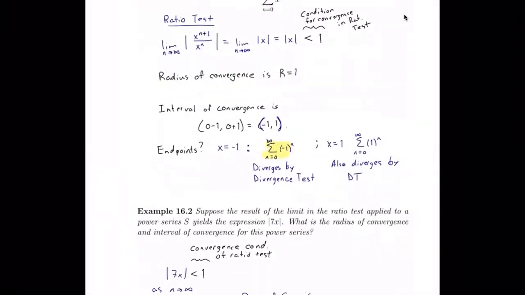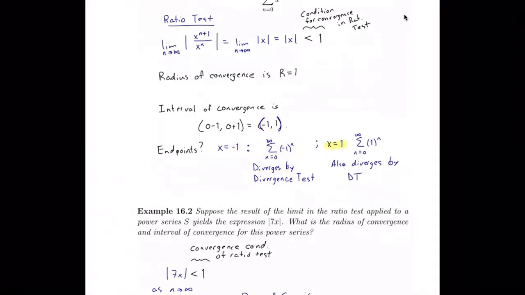When we look at this series term, we realize that if we take the limit as n goes to infinity, it's going to oscillate between negative 1 and 1. It doesn't converge to 0 as n goes to infinity. That being the case, this diverges by the divergence test. So this one is not included, so this parenthesis should stay a parenthesis and not become a bracket.